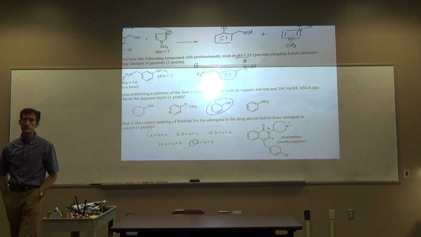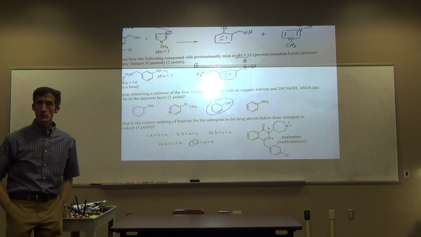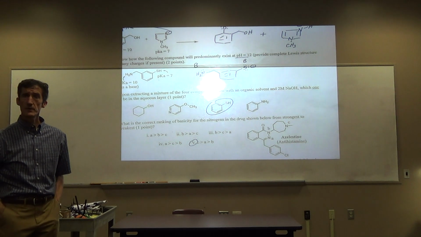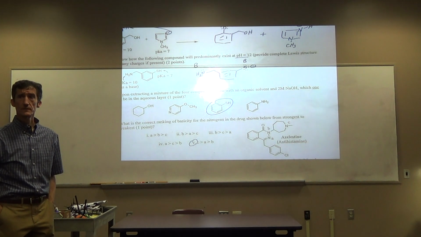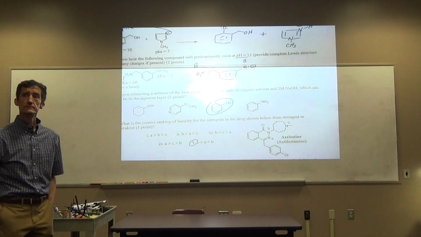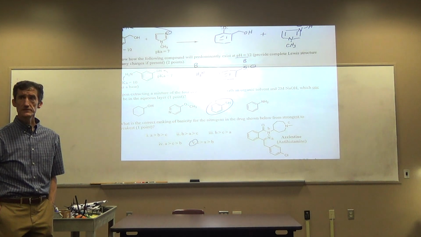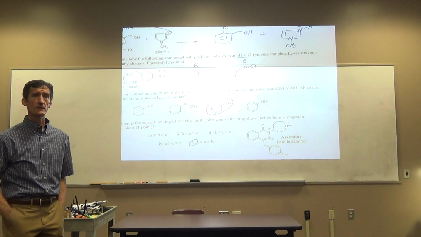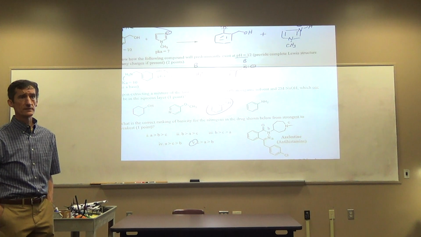One is because sulfur is larger and minus on sulfur is better than minus on oxygen. What's the other reason? It's conjugation, right? S minus would be conjugated, but the O minus would not be.